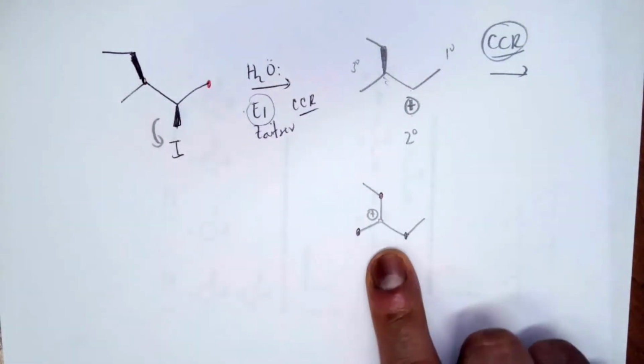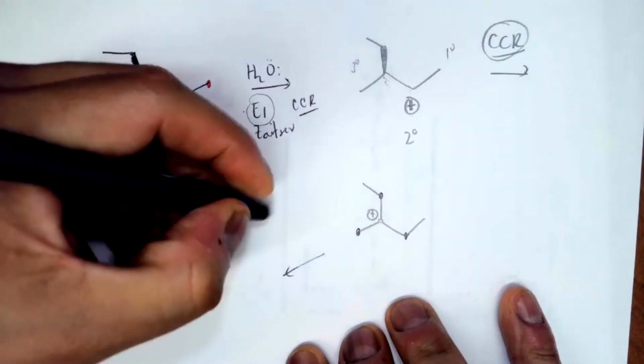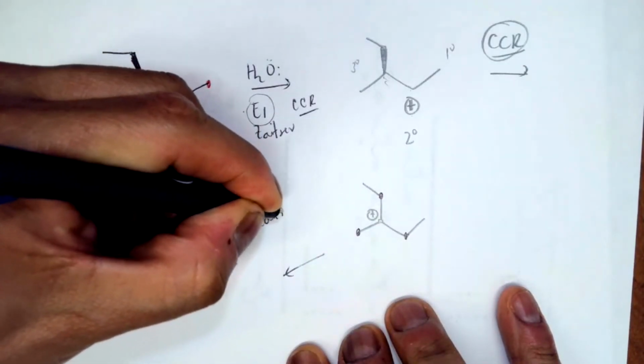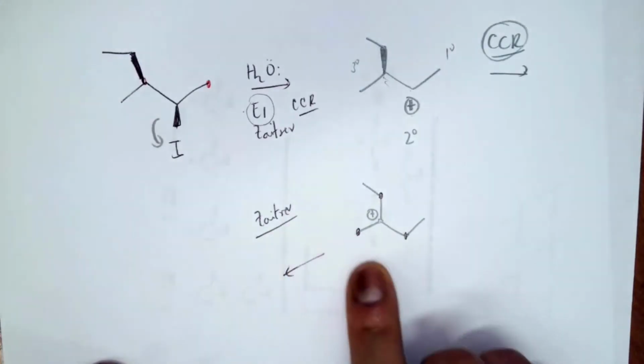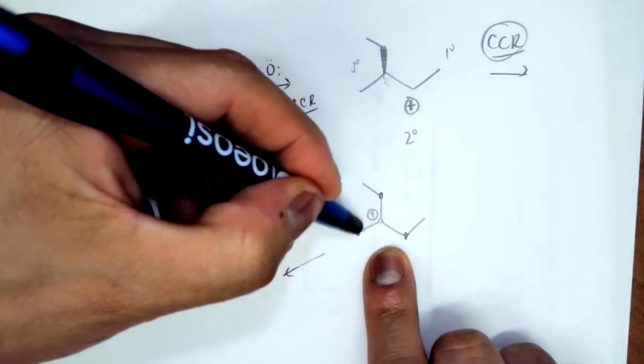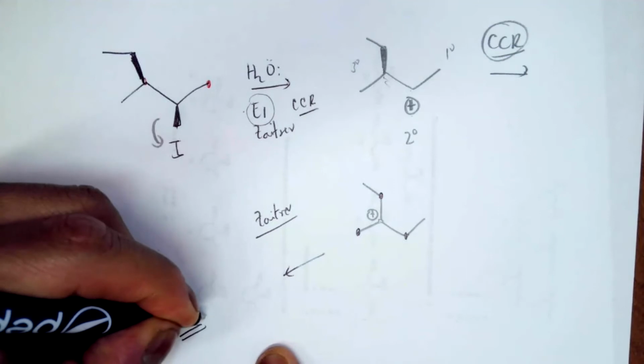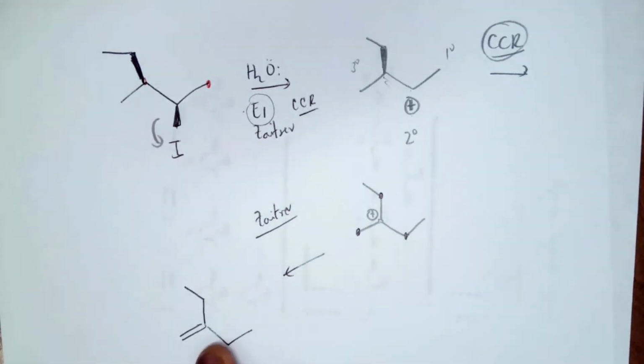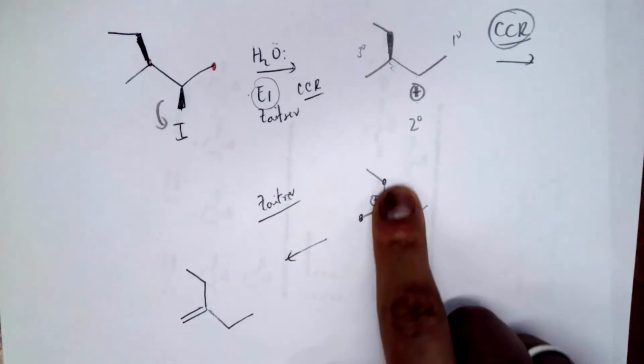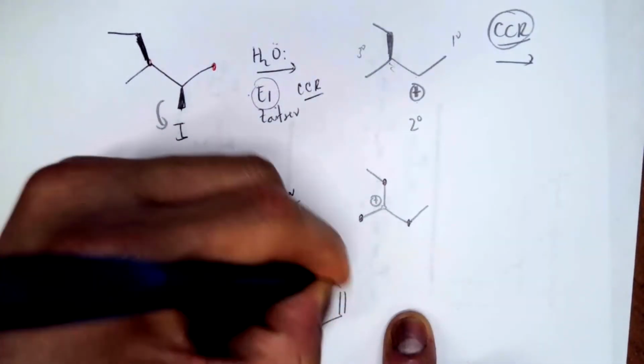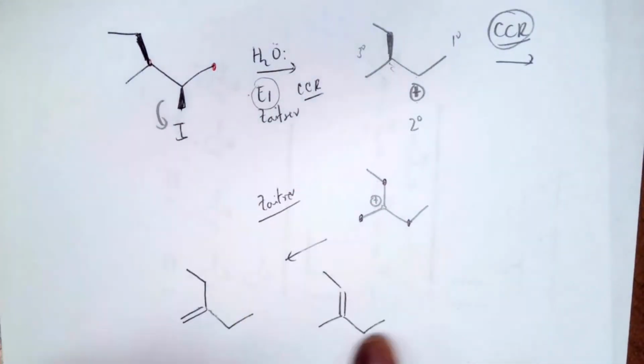Now that I have CCR, I have to determine which one of them is Zaitsev, because Zaitsev is E1. This one will give me a disubstituted alkene. If I do the one on top, I will get that.